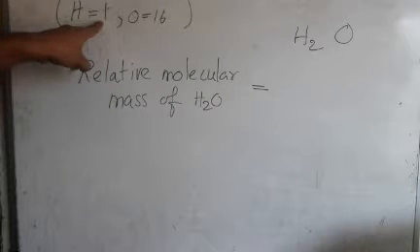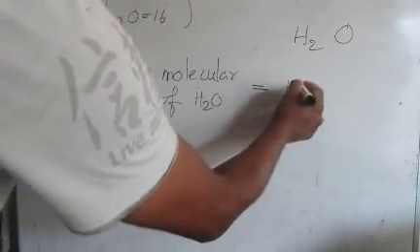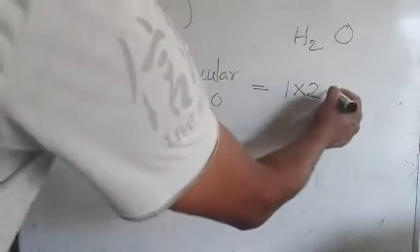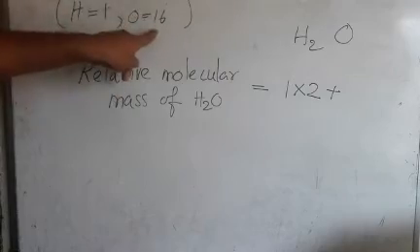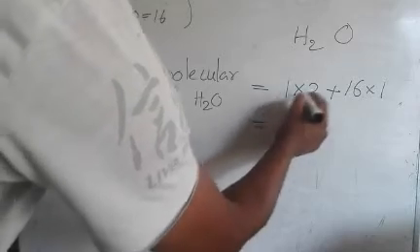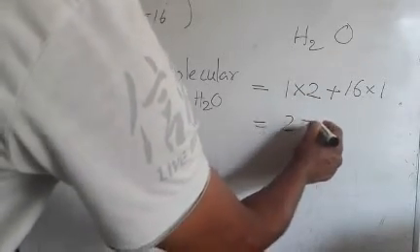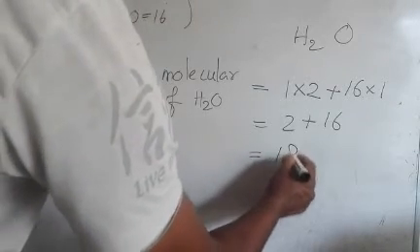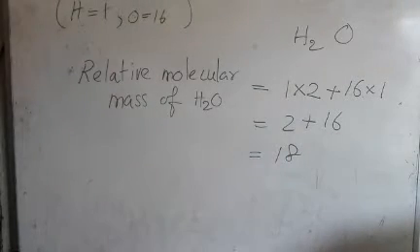The relative atomic mass of one hydrogen atom is 1, so 1 into 2. To that, one oxygen atom is there, so that is 16 into 1. So 2 plus 16, you get the value as 18. So 18 is the relative molecular mass of water.